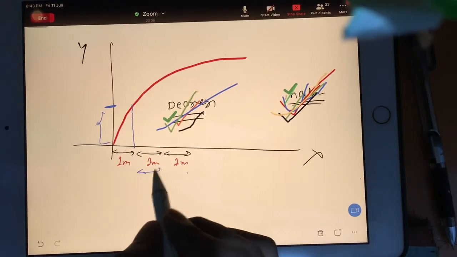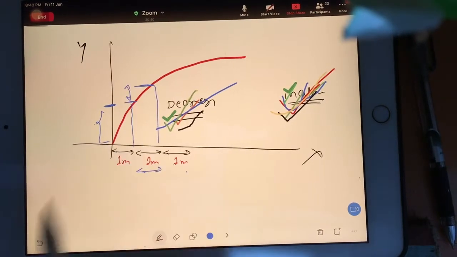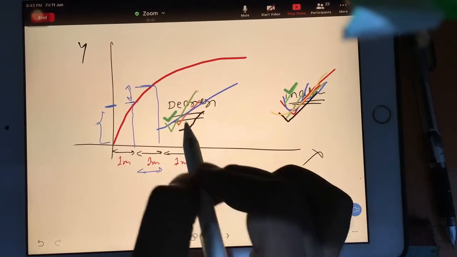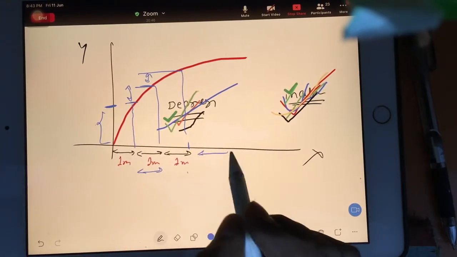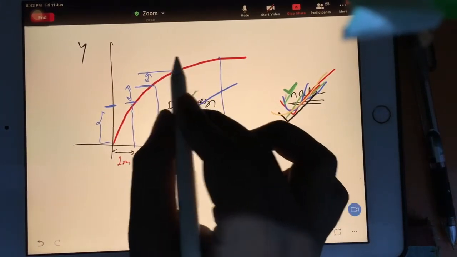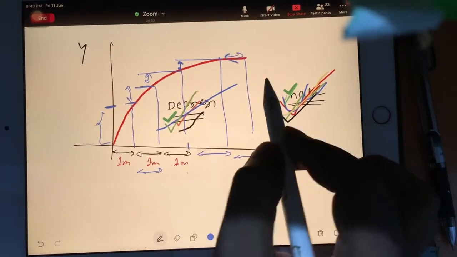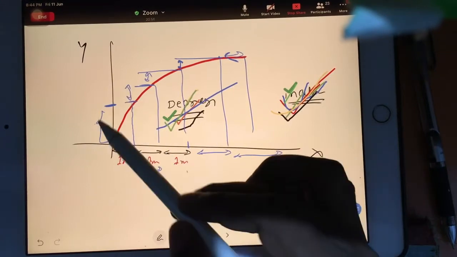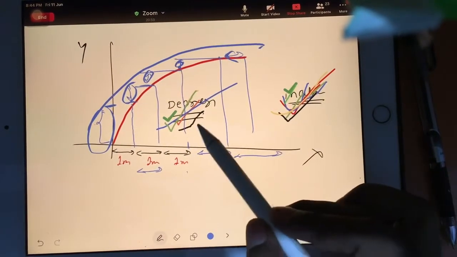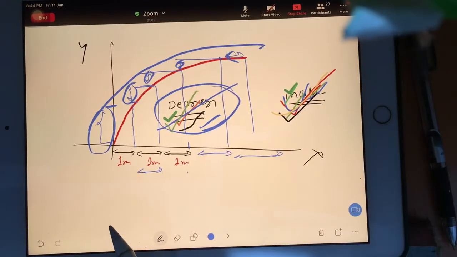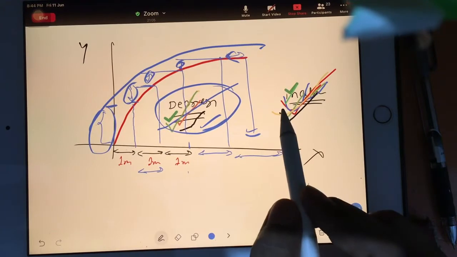But for the next 1 meter, your value increased only this much. Then for the next 1 meter, only this much. Then again only this much. After that, your value is not increasing. It means it is decreasing. So this function is a decreasing function. This is the physical way to understand. Quickly you can judge if you are smart enough.